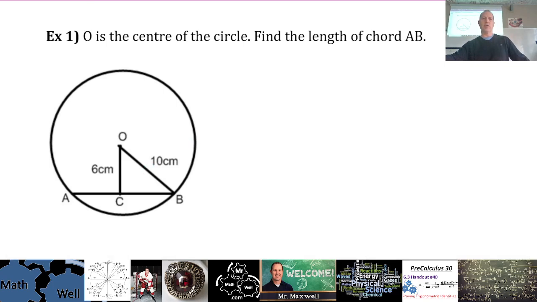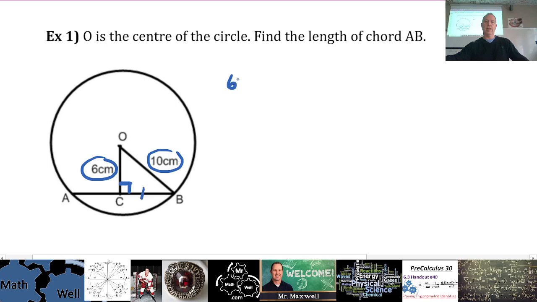So I guess we're also going to assume that, it doesn't say in here, but we're going to assume that this is a 90-degree angle as well, which should be written in there, I guess. That's a 90-degree angle. So if this is a 90-degree angle, we have the right triangle going on, right? We have a hypotenuse, we have a length, and we could actually find this side right here, CB.